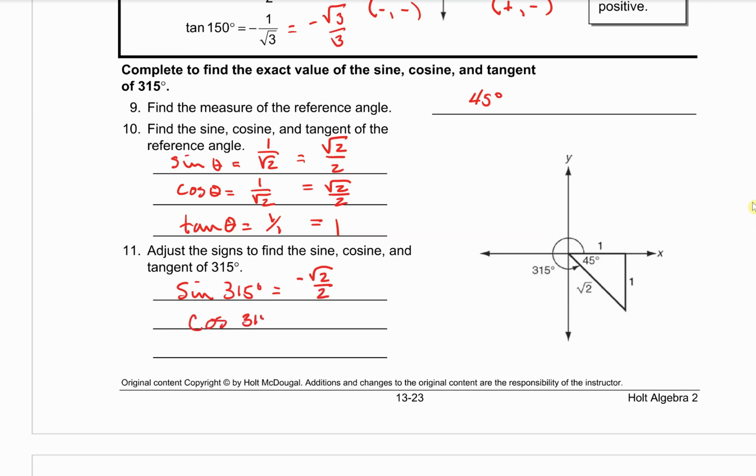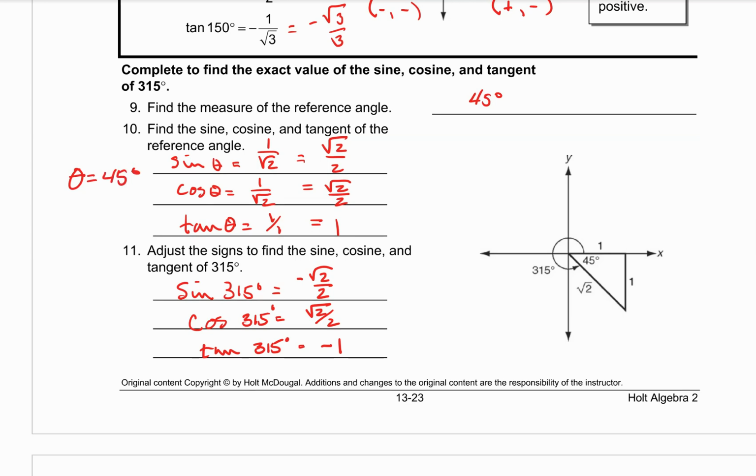Cosine of 315 is positive square root of 2 over 2. And tangent of 315 is negative 1. And theta here is 45 degrees. I probably should have written that out, but anyway, that's that.